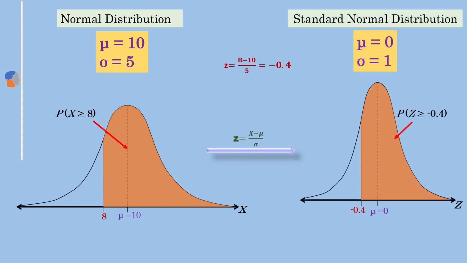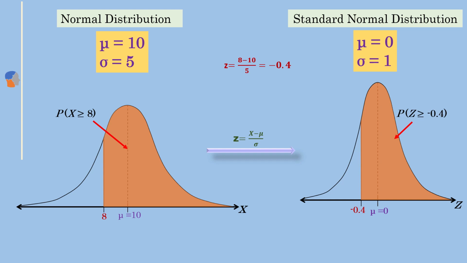Then consider the standard normal distribution and now you understand the area under the curve and right of 8 is the same as that right of negative 0.4. That means again the probability of x greater than equal 8 and probability z greater than equal negative 0.4 are the same. Right. Now can you use the z table to find this?